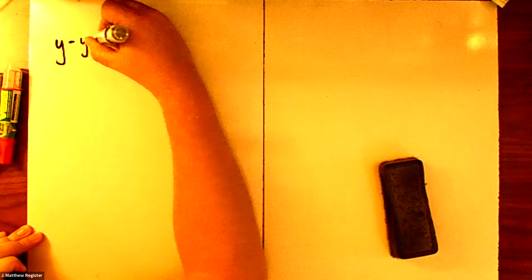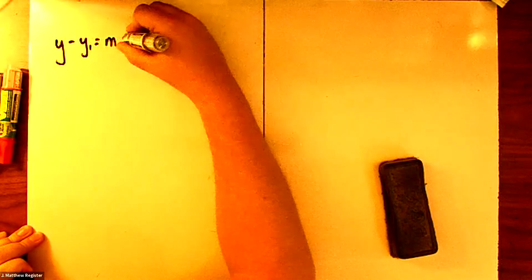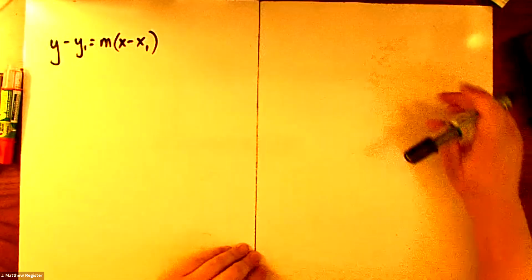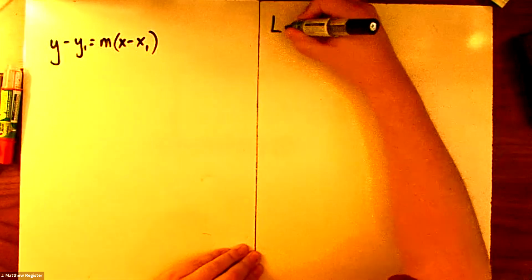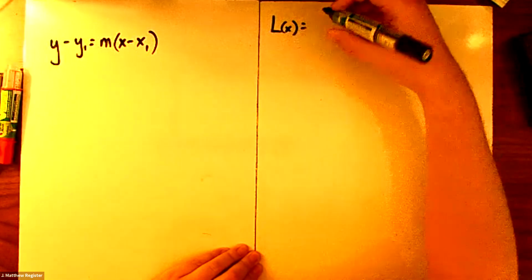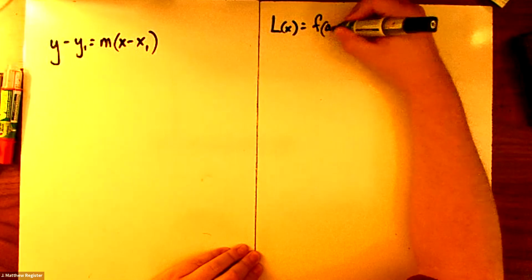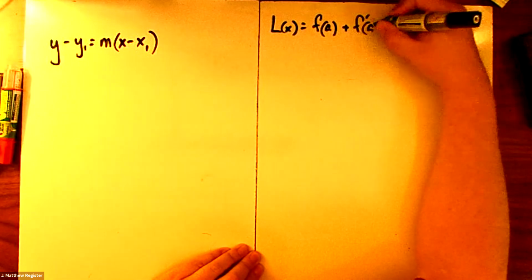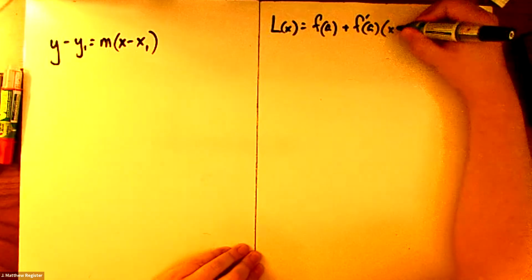When we think about point slope form, remember point slope form is y minus y1 is equal to m times x minus x1. Well, our linearization formula, and I'll put it over here to the side, is L of x is equal to f of a plus f prime of a times x minus a.